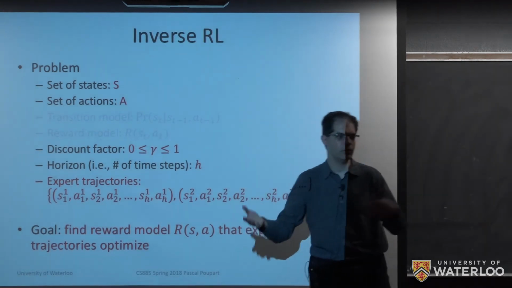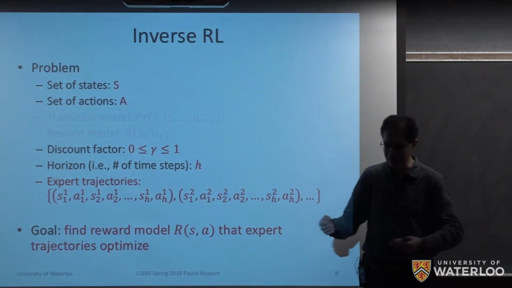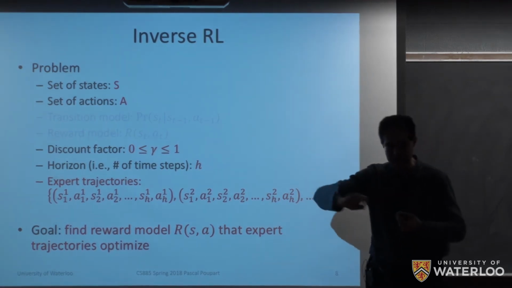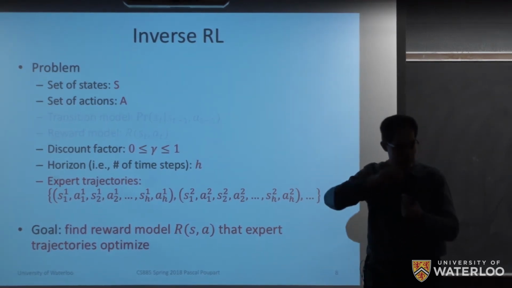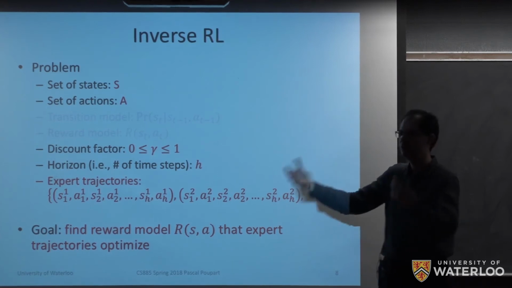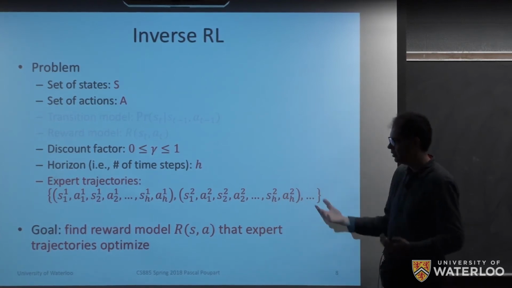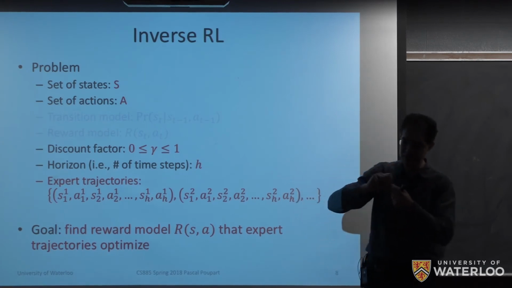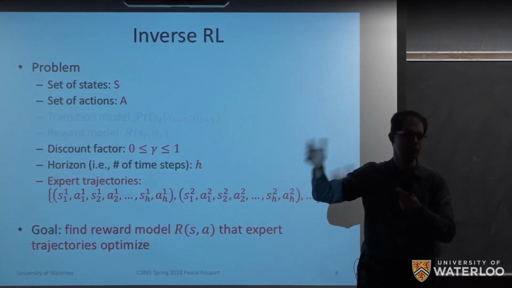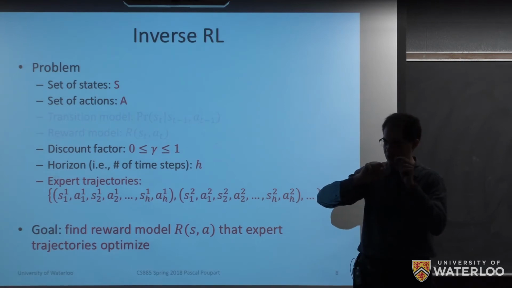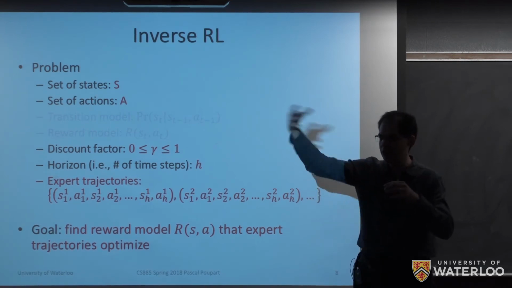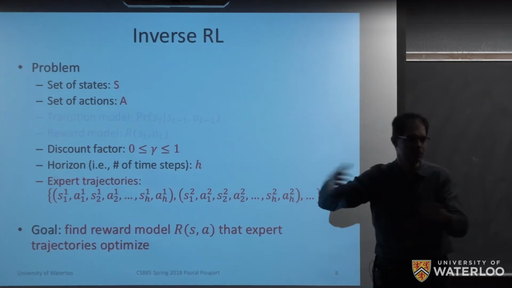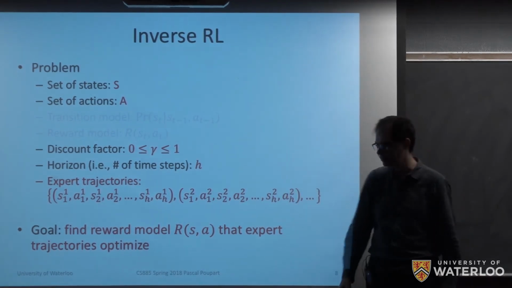In the context of autonomous driving, it might be that you have a taxi driver that you observed, the path that he or she has followed to go from point A to point B. So this would be one sequence, right? In the context of robotics, let's say a quadrotor, then it might be that you want the quadrotor to perform a certain maneuver. So then it would go from a certain pose to another pose, and the sequence of poses in between would be the trajectory.